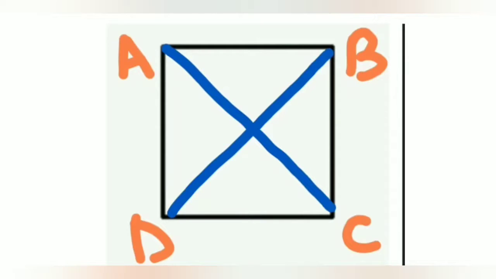And both the diagonals bisect one another and both diagonals are equal in length. And in a square also the diagonals are perpendicular bisectors of each other. Means angle AOB is equal to angle DOC.